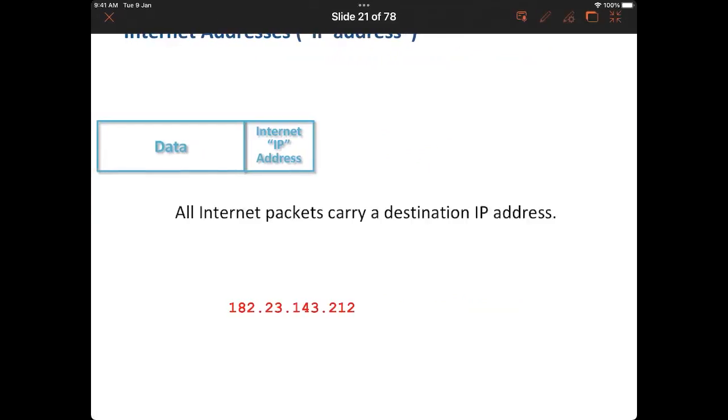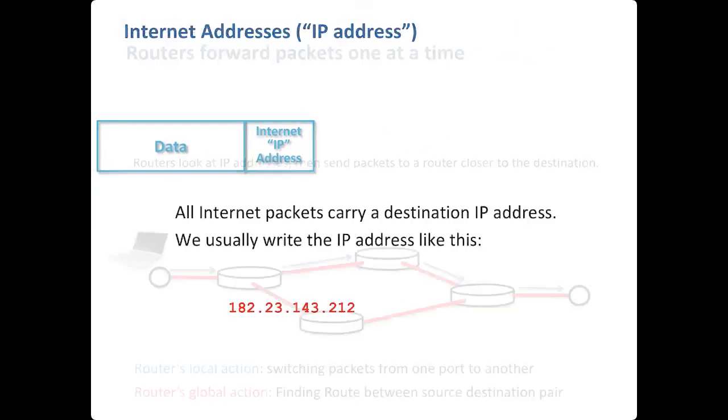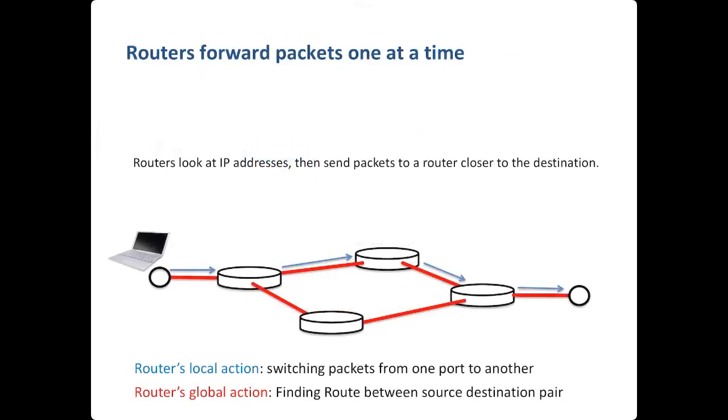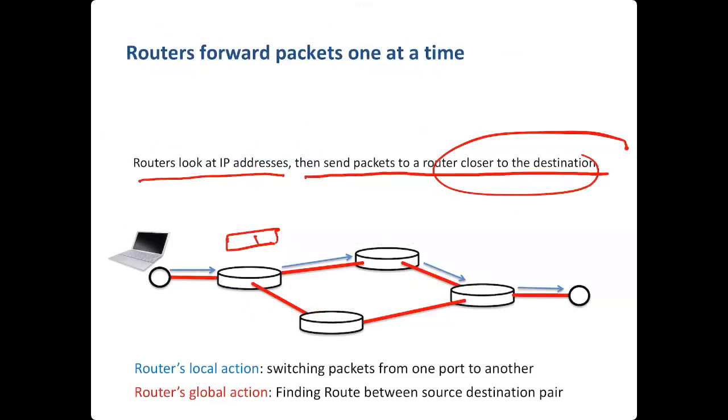So once an IP packet comes here, what does the router do? The router looks at the IP address, then sends the packet to the router closer to the destination. How does it find out whether to send the packet on this route or that route?